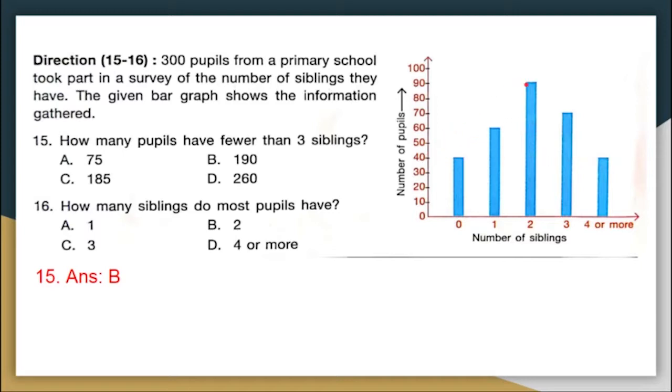But there are 90 people who have 2 siblings. So most people have 2 siblings. You just have to look at the graph correctly to find the answer for these questions.